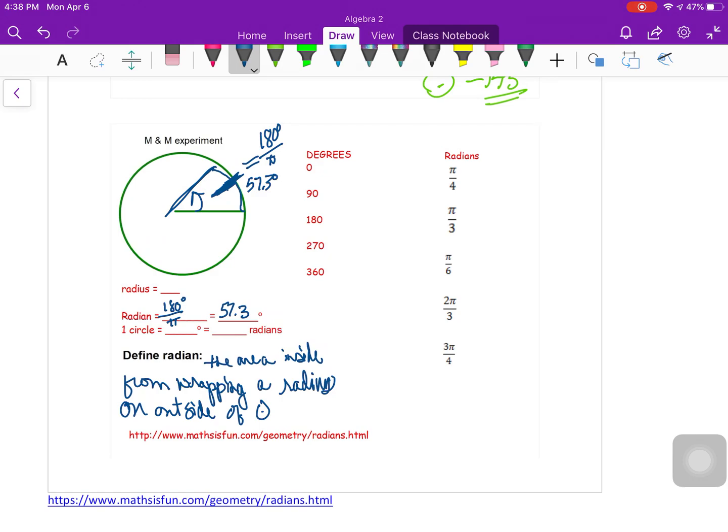So if it took me pi radians to get over here to 180 degrees, to go completely around another 180 degrees would bring me back to 360 degrees. That would be equivalent to 2 pi radians.